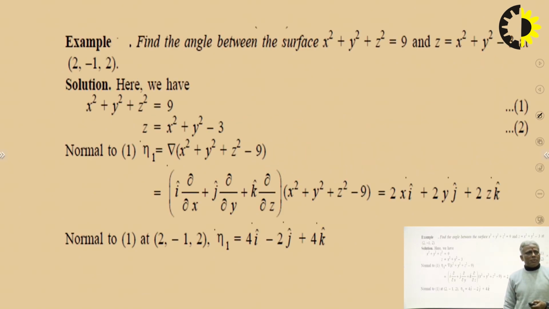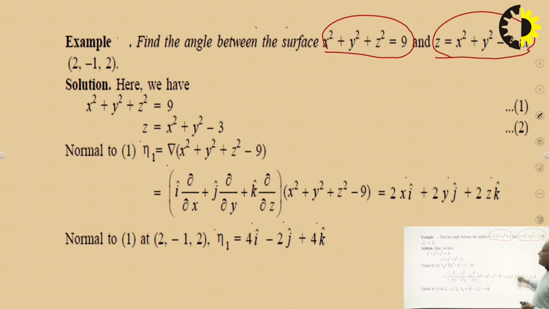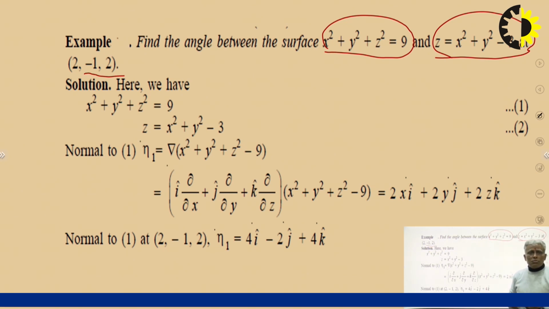I take another problem. How to calculate the angle between two surfaces? The first surface is x square plus y square plus z square is equal to 9, and another surface is z is equal to x square plus y square minus 3, at the point (2, -1, 2), right? So with the help of the gradient, we can calculate the angle between two surfaces, right?